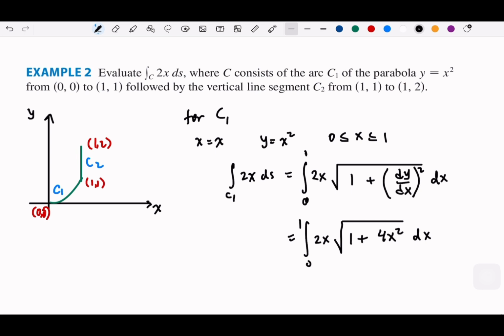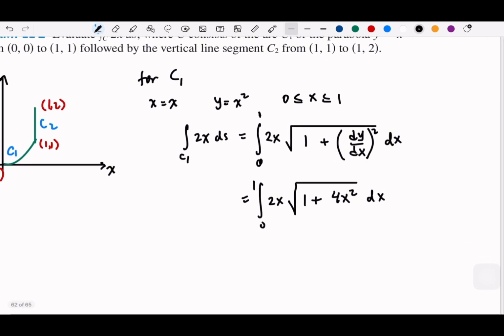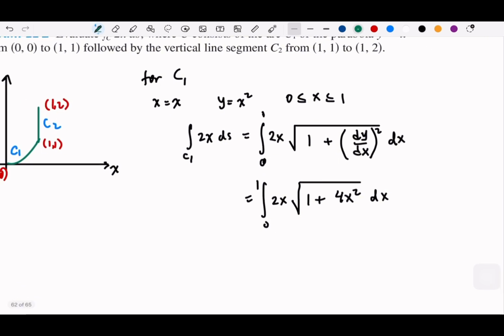Okay. Use substitution, right? I think I can write here, taking substitution.